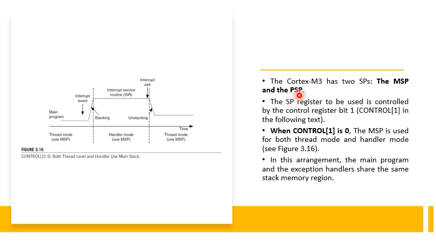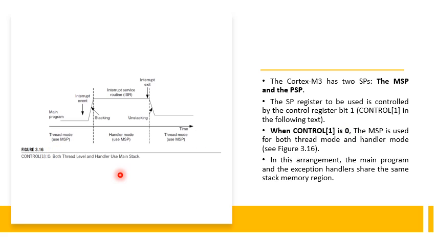The process stack pointer can be used by the users. The MSP can be in privileged mode or thread mode, which can be changed by changing the bit value of the control register. We have discussed that already in the special register case, so we can refer to that.